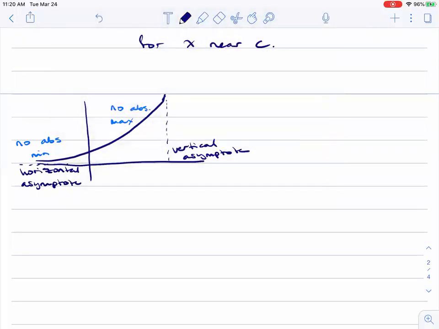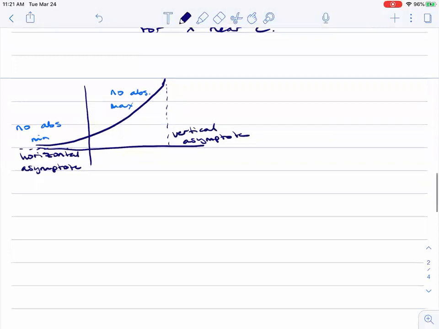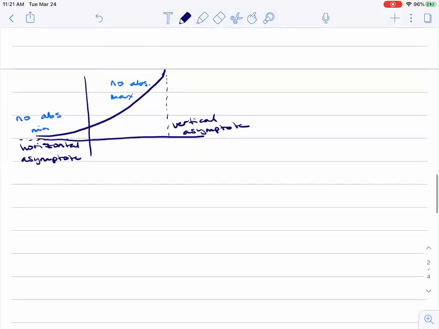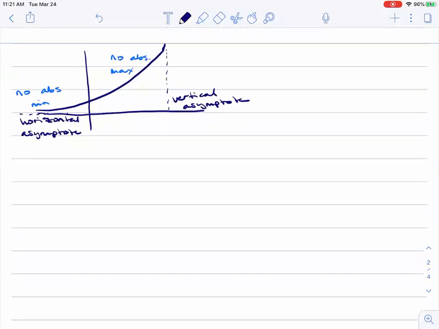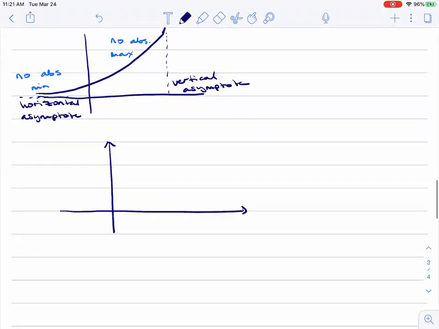Another situation would be if we have something like this. We've got this point, and then maybe it loops up here, but it's open-ended.